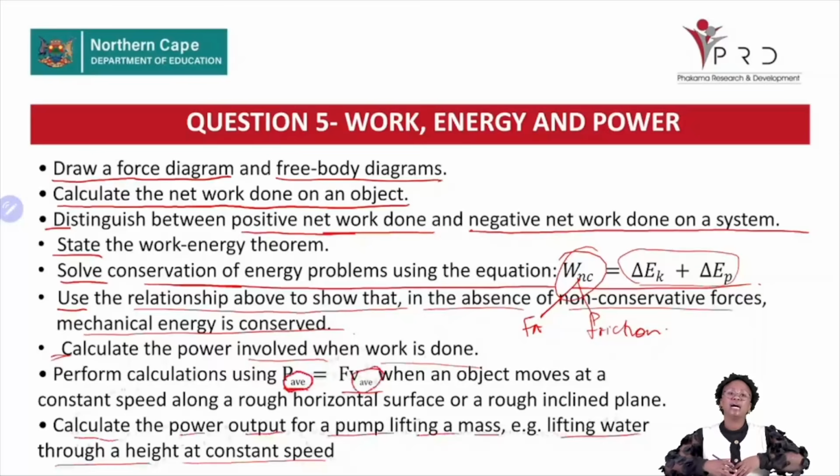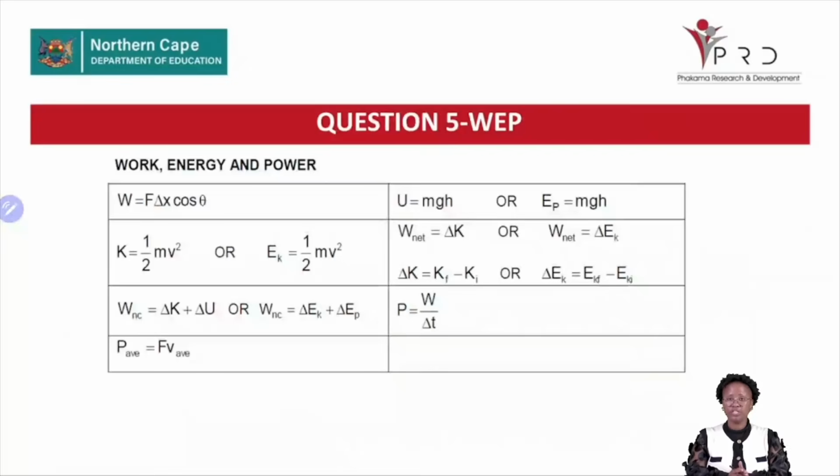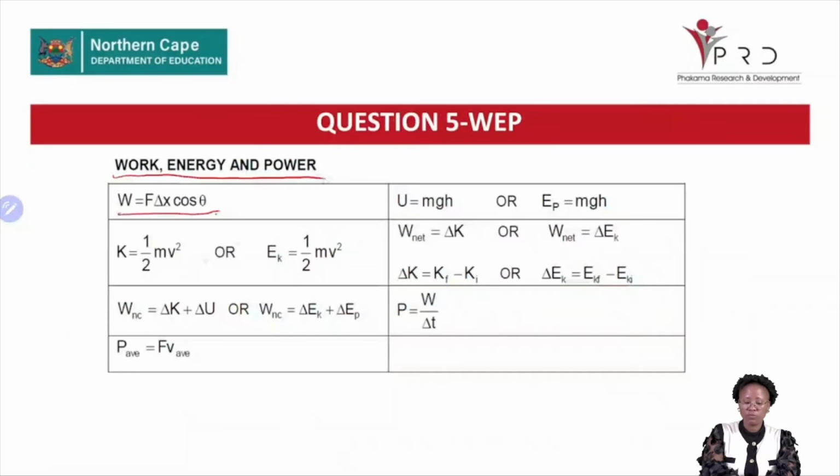So all of these are guides, tips according to the exam guideline to help you to look at when you are doing your calculations. Now let's look at the formulas that are involved. On your data sheet, you'll see a place where it's written work, energy, and power. So this one is simple. It takes you there. So these are the formulas for work, kinetic energy, and the formula for potential energy.